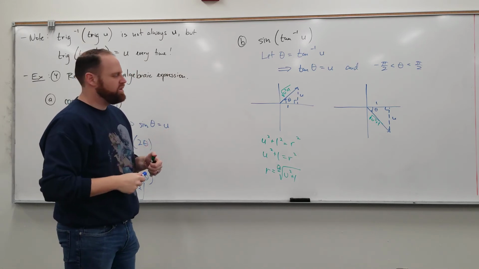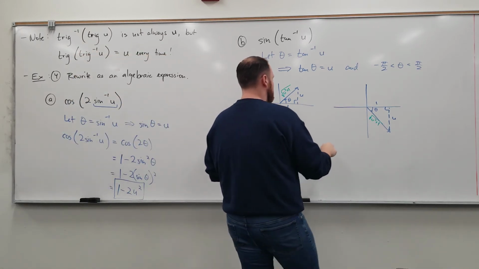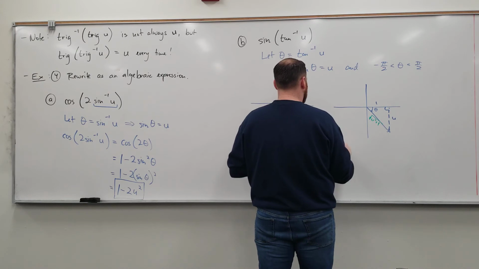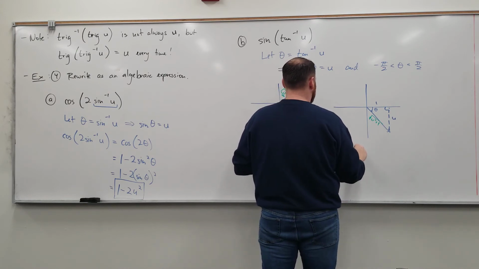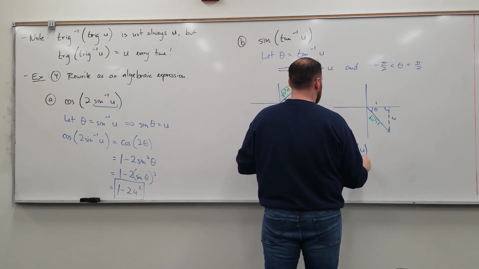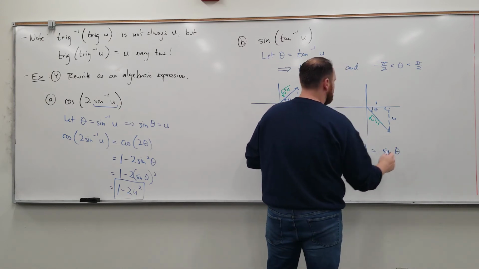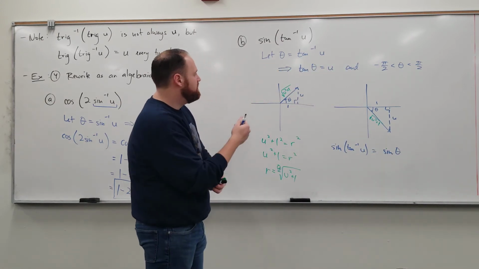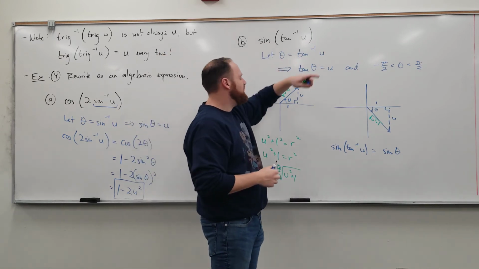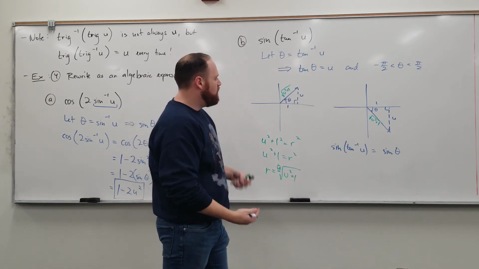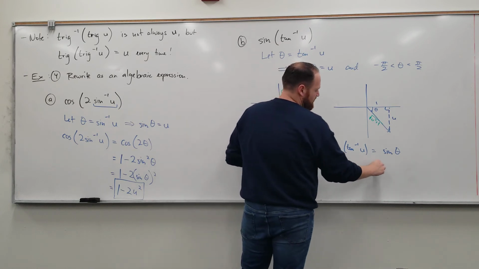So let's finish the problem now. We're looking for sine of tangent inverse of u. In other words, sine theta, right? Because we called theta tangent inverse of u. Well, let's think about what sine theta would be.